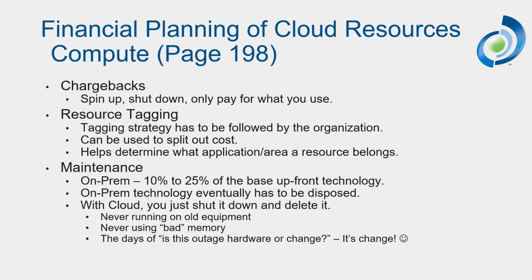So what I'm saying there is when you're back in the 80s and 90s, when you would have an outage, you would get on a call with a bunch of people, try to figure out what caused the outage. And it usually came down to either somebody changed something in the environment or there was a hardware issue. And in the early to mid 2000s, there was a lot of trouble with these old servers because in the 90s, people were going out and purchasing memory sticks and they were very cheap.